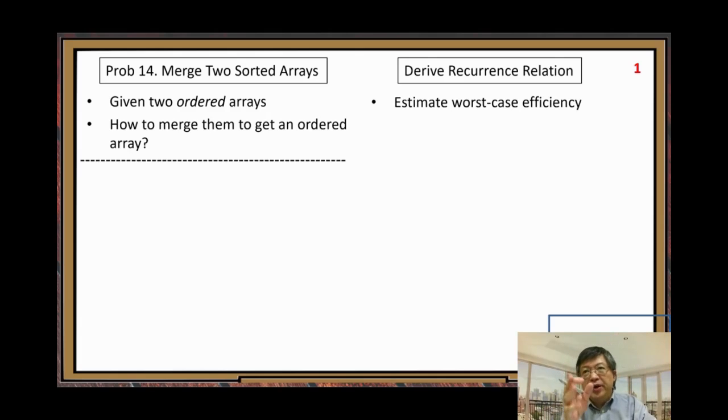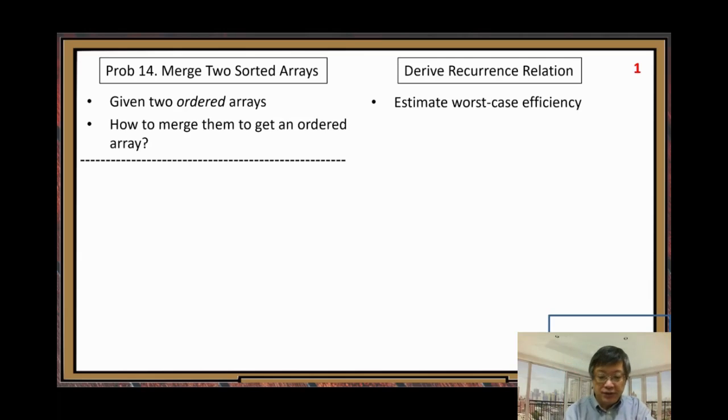For that reason, when we do divide and conquer, we split our given data into two evenly distributed subarrays, two subarrays with almost the same size. So by the balancing principle, we can expect the worst case efficiency should be pretty good.